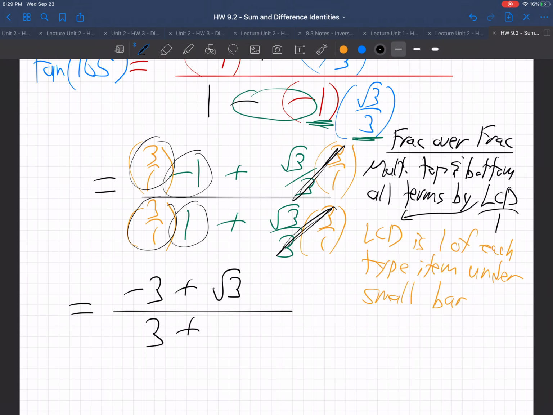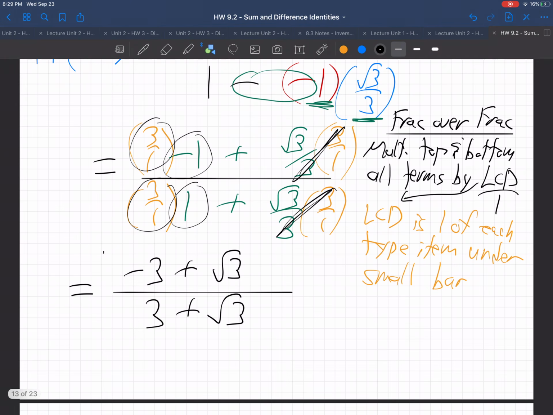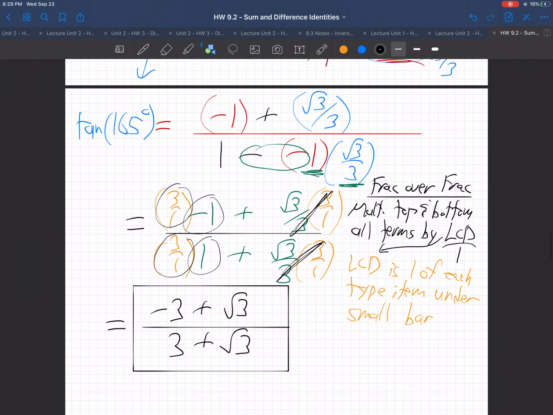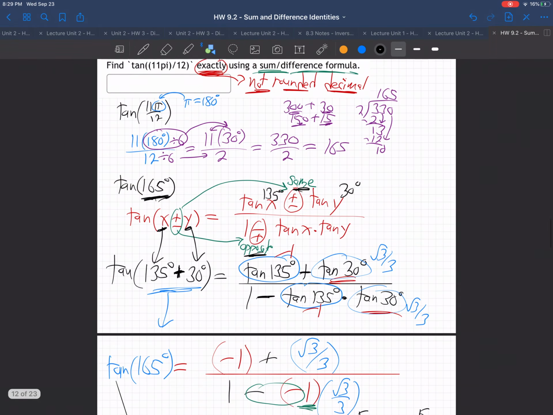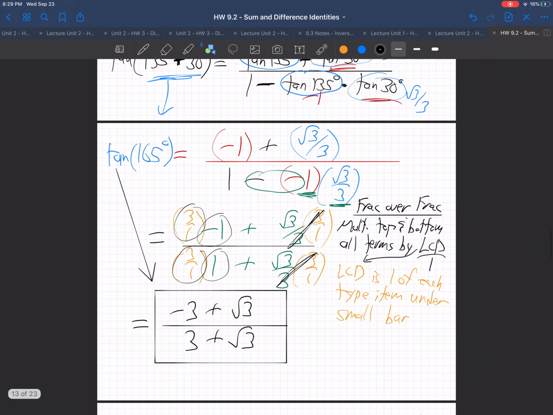Plus, and here they cancel, root 3. So there we go. There is our final and simplified answer for the tangent of 165 degrees. We got an exact answer, not a rounded decimal. It was a lot of work. We had to use the sum difference formula and be really careful with all of our signs in that one.